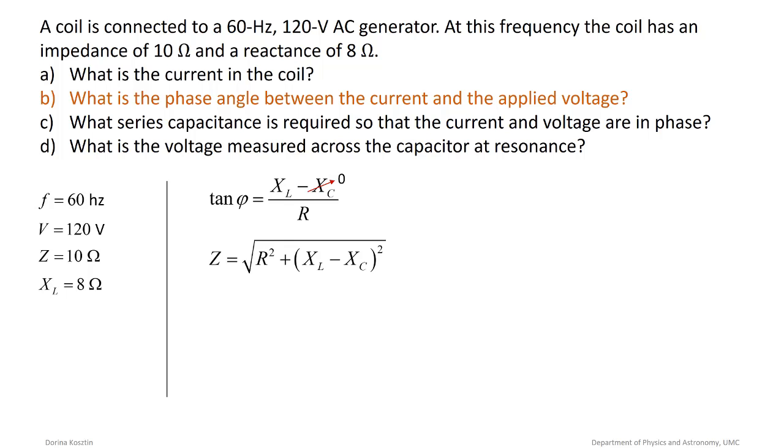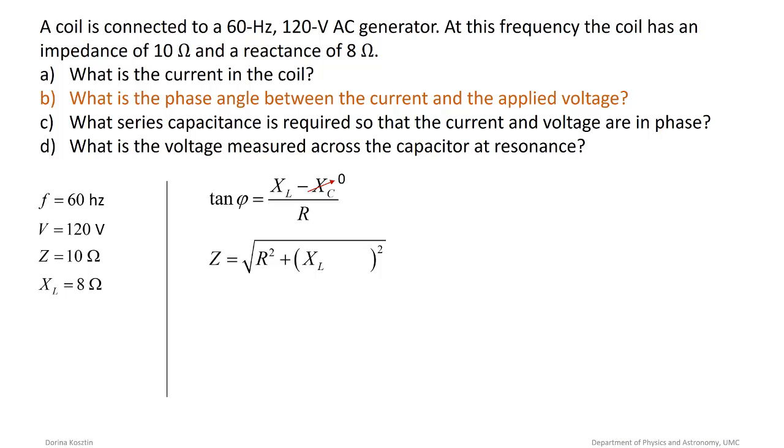We do know though that the impedance is related to the resistance, inductive reactance, and capacitive reactance through this equation: Z equals square root of R squared plus (XL minus XC) squared. Remember once again, XC is 0. So what I have left under the square root is resistance squared plus XL squared.